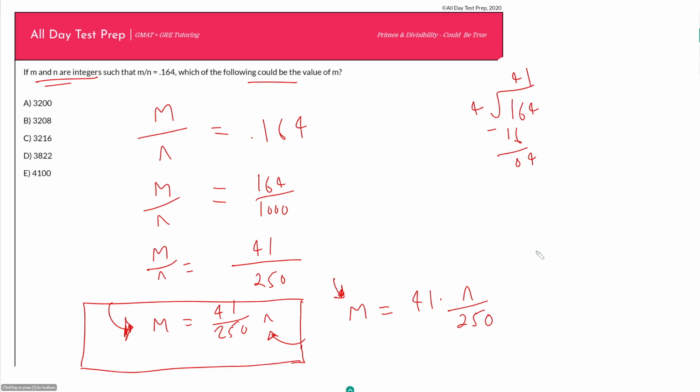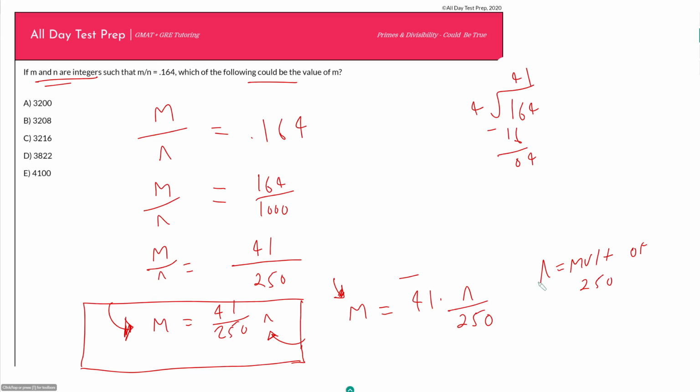So if we want to infer everything this expression is telling us, given that m and n must be integers, starting with n, n has to be a multiple of 250. So they just as easily could have asked you what could be the value of n, and all of your choices would have to be multiples of 250. Or to say, the correct answer choice would have to be a multiple of 250.